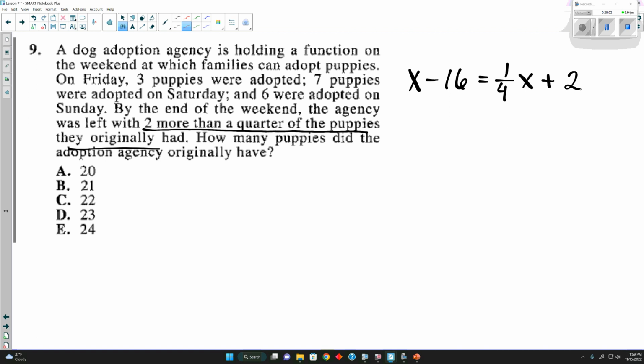Well, the 1/4 is not nice to deal with, is it? Let's keep our heads up, guys. So what we can do is multiply the whole thing by 4. Because what's 4 times 1/4? 4 times 1/4 is 1.